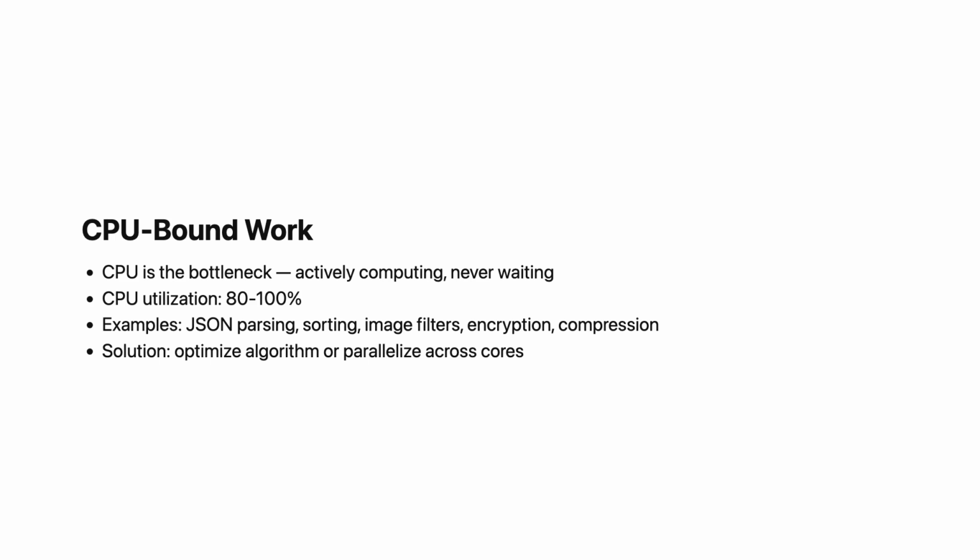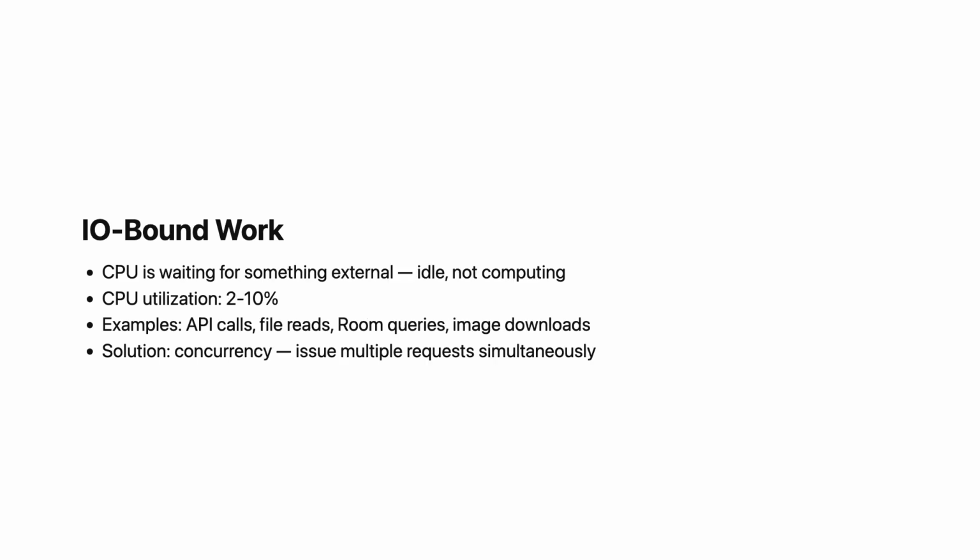Examples on Android: making a Retrofit API call, reading a file from storage, querying a Room database, downloading an image, writing to SharedPreferences. In all of these cases, if you look at the profiler, CPU utilization is low, maybe 2, 5, 10%. The thread is blocked, but the CPU is doing nothing useful. It is like a chef who has put something in the oven and is standing there staring at the oven door instead of prepping the next dish.